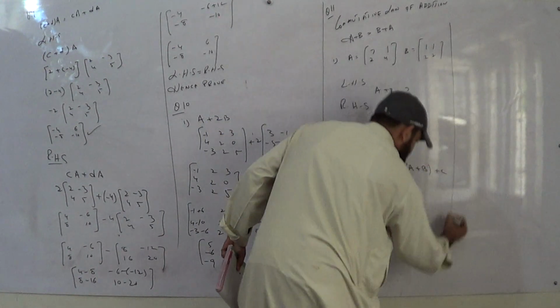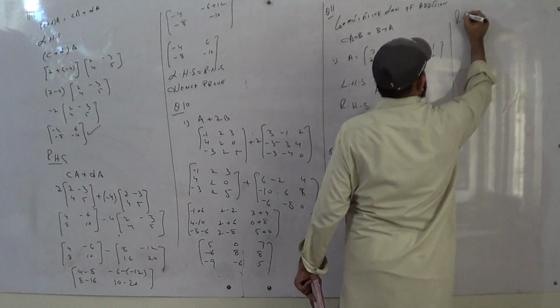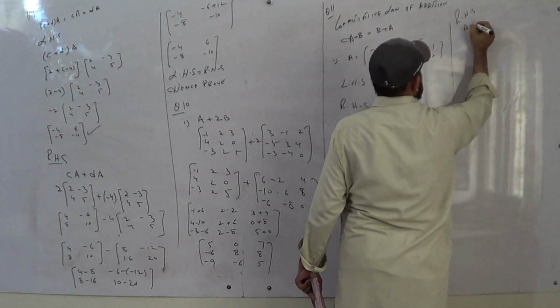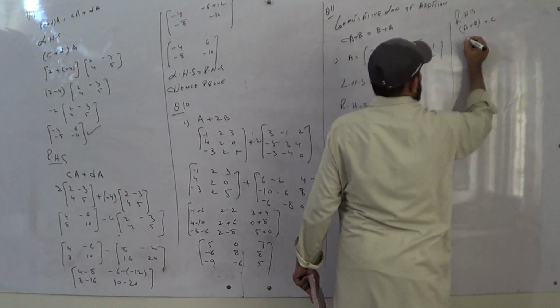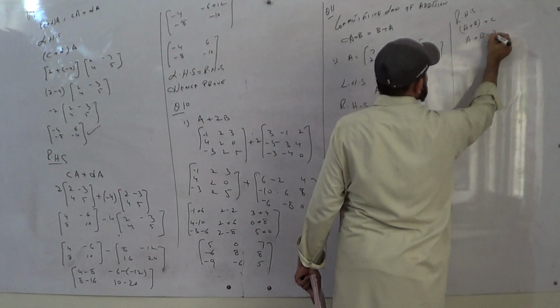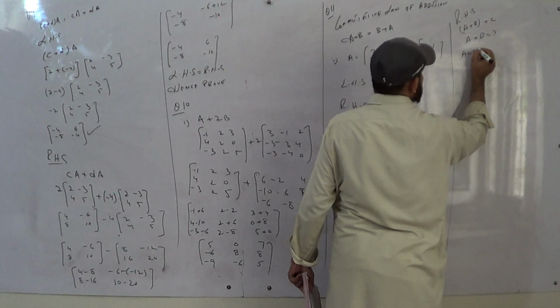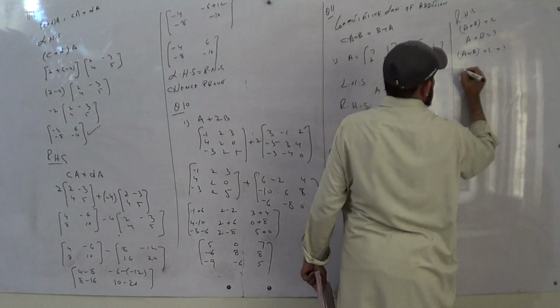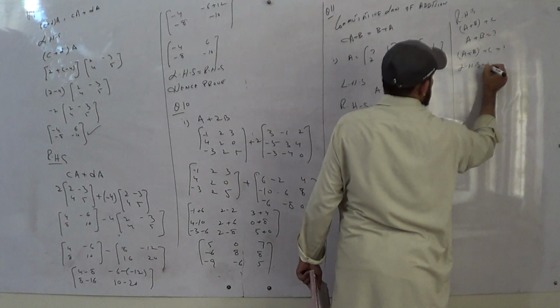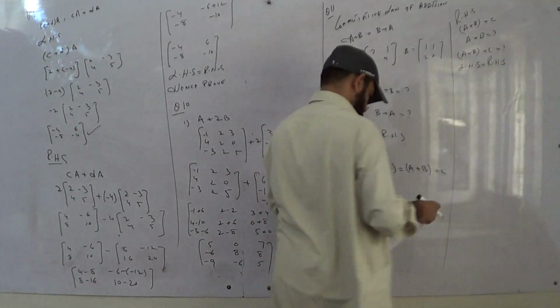On the right hand side, first we solve A plus B, then (A plus B) plus C. We will get left hand side equal to right hand side.